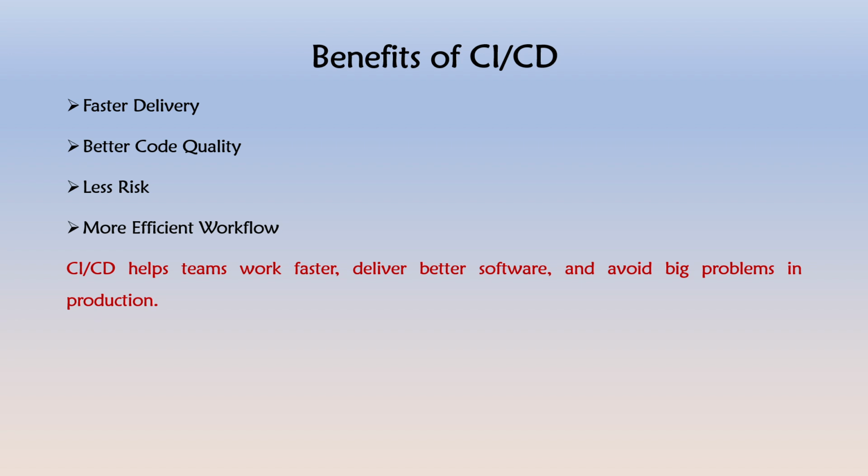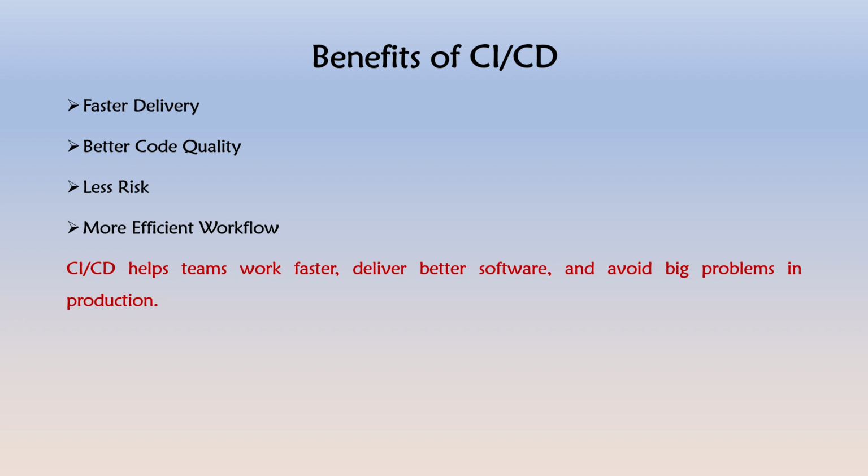What are the benefits of CI/CD? It brings fast delivery, better code quality, less risk, and more efficient work. Faster delivery: new features and fixes can be released quickly, helping teams get updates to users faster. Better code quality: automated tests catch bugs early, ensuring only high quality code gets deployed.